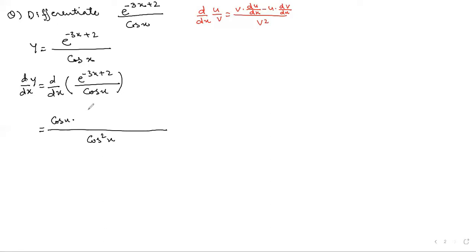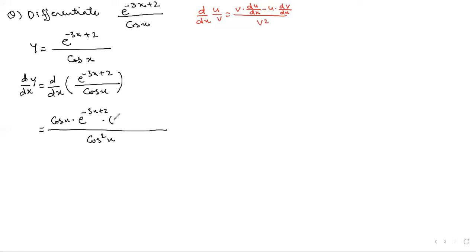The function in the numerator is e raised to minus 3x plus 2. This one is an exponential function. The derivative of an exponential function is, we write down the exponential function as it is and multiply with the derivative of the power.